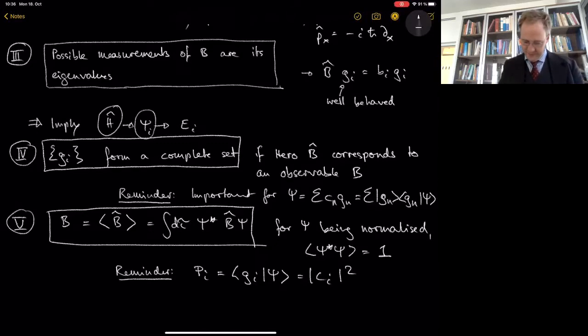And now if by accident it just so happens that c_k equals psi, right?